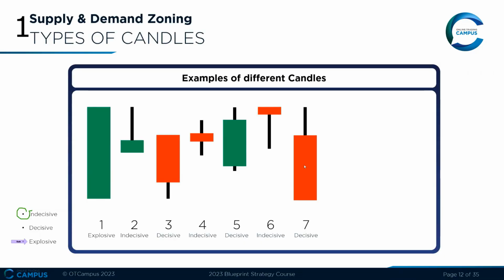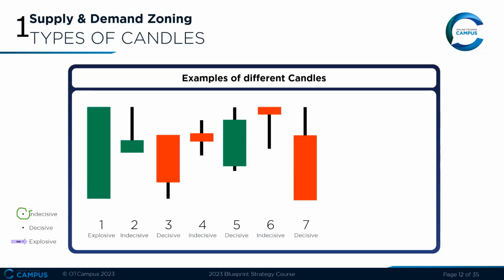They both indicate institutional activity, and sometimes it may not be very clear. And so what I don't want you to do is come with the measuring tape and measure the exact 70% or the exact 50%.